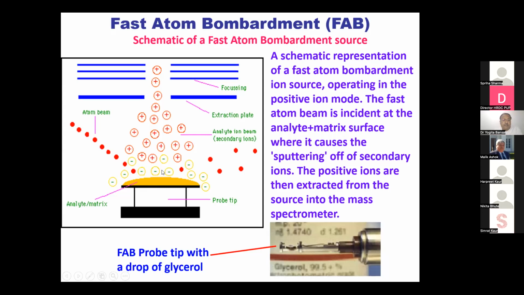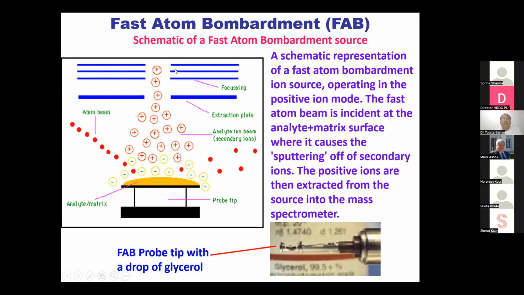And they supply their energy to this matrix. As a result, there will be collisions, and when there are collisions, there will be ionization, and at that point of time the probe surface will be heated. When it is heated, it will desorb these ions from it, and these ions will be attracted towards this collector plate.